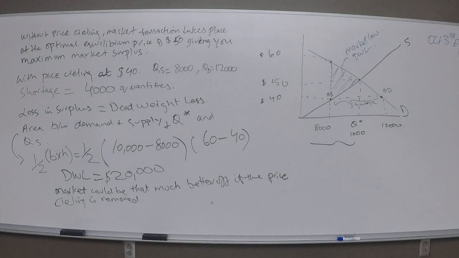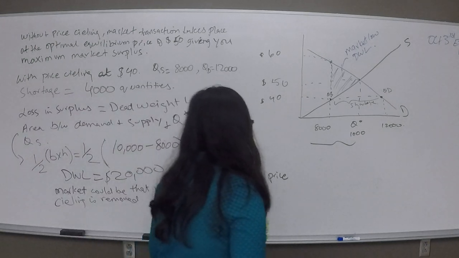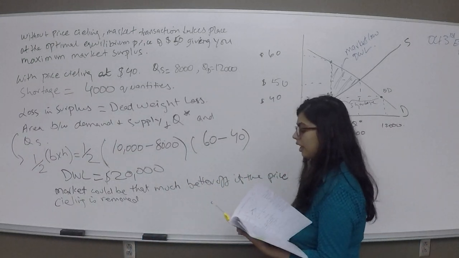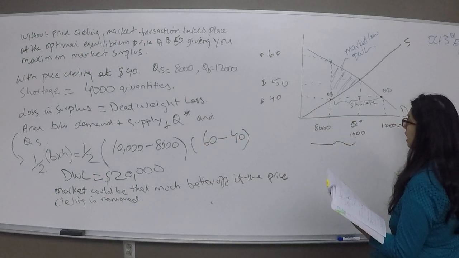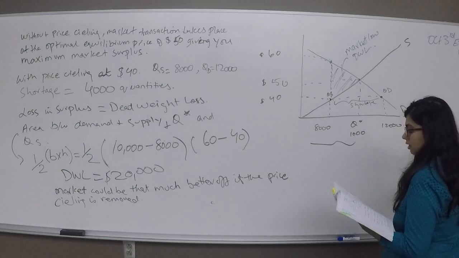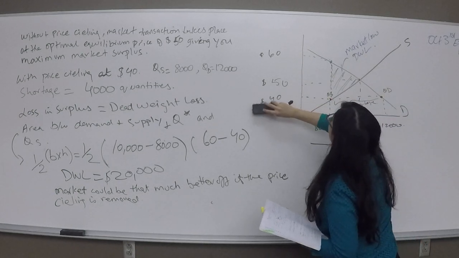It's half. So this was price ceiling, which is normally below the equilibrium price. Price floors are government imposed prices which can be charged, intended to keep prices high.